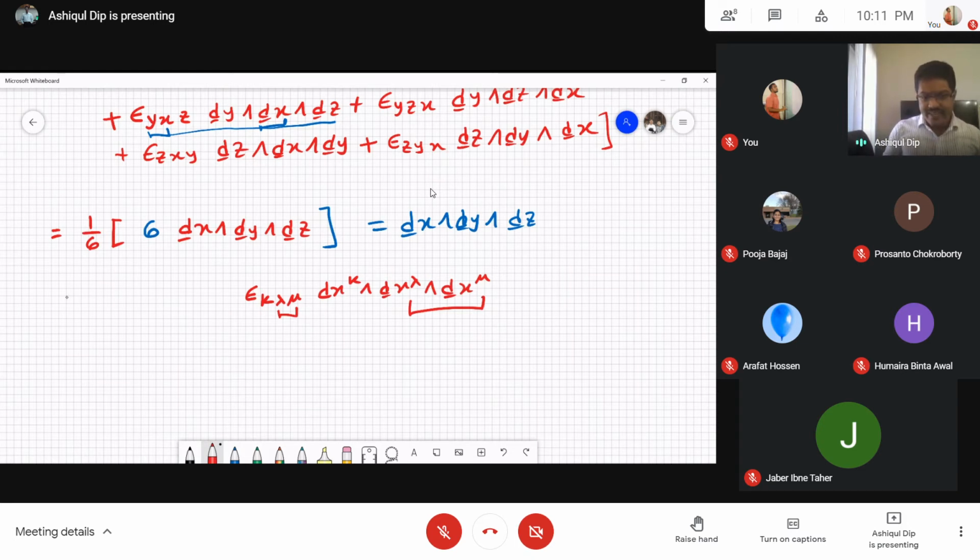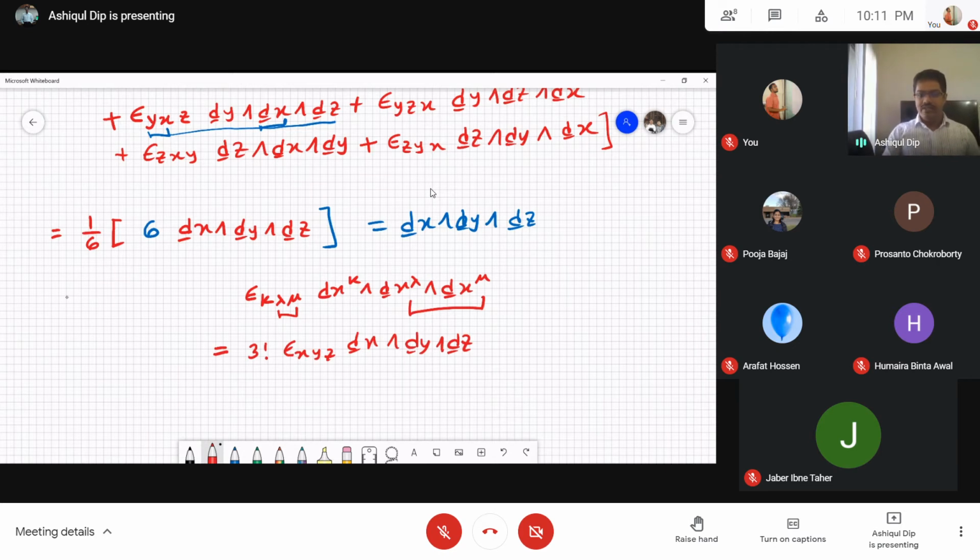So basically, this thing is nothing but the same term repeated as many times as the factorial of the number of indices, 3 factorial, just written in sequence, like epsilon xyz dx wedge dy wedge dz. And this applies for every antisymmetric summation.